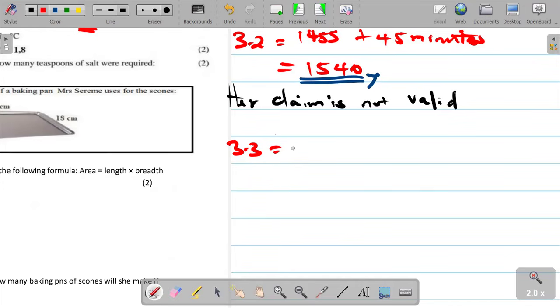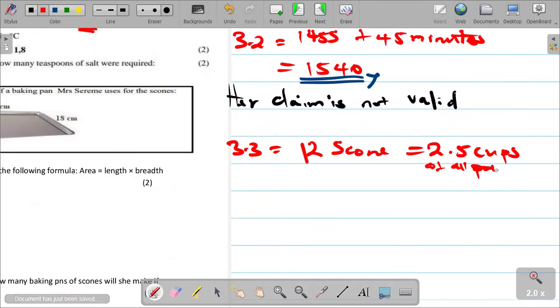In terms of this, we have 12 scones that are made here, 12 scones which are made from this scenario. They are made by 2.5 cups of all-purpose flour.